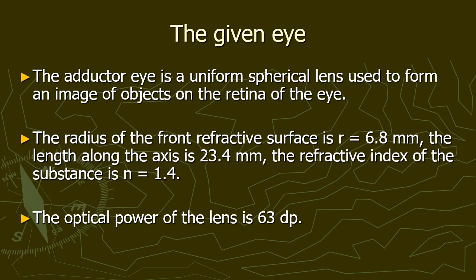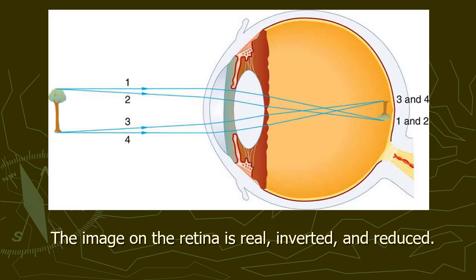If we use this lens, we can analyze the passage of rays inside the eye, passing through the optical media of the eye, to get the image that is formed on the retina. In this case, we have an inverted, reduced, real image formed. The image we get on the retina is inverted, but after processing by the brain of our nervous system, everything falls into place for us, and we see everything as it really is.